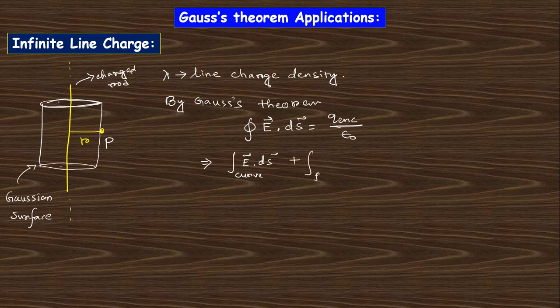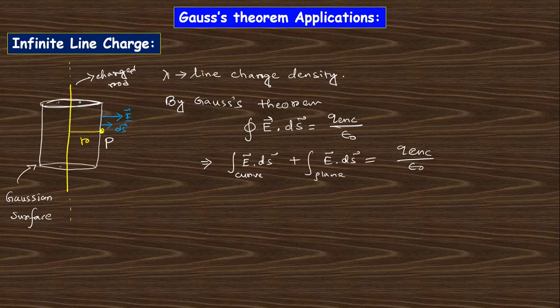Because we need to integrate over the whole closed surface, we can separate it into the curved part and the plane part. For the curved surface, you can see the electric field direction and the surface direction are both in the same direction. That means the angle between the electric field and the surface is 0.